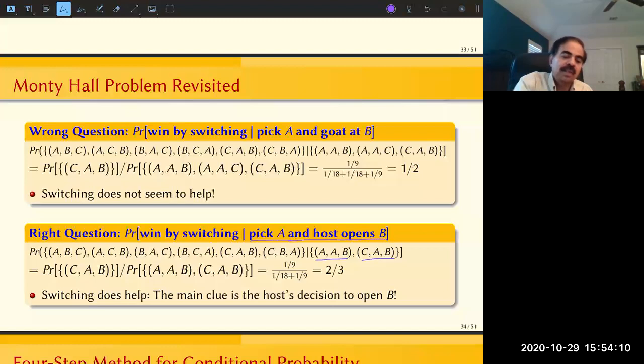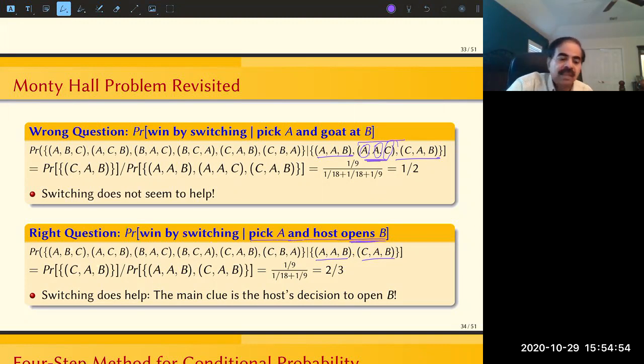In fact, you have this and that, but this one is no longer here, because you can see that this particular outcome corresponds to the car being behind A, the contestant has picked A, and the host has opened C. Since the host opened C, this condition of the host opening B is not applicable.